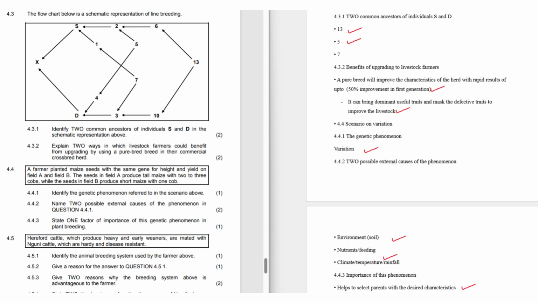Then 3 gives birth to letter D. That's where letter D was born. Okay, that means we have 13, 5, and 7. Yeah, that is two common ancestors.